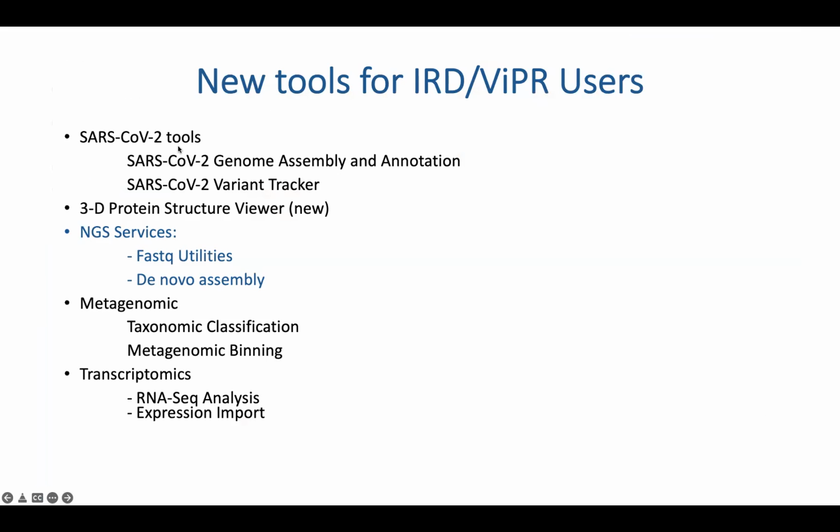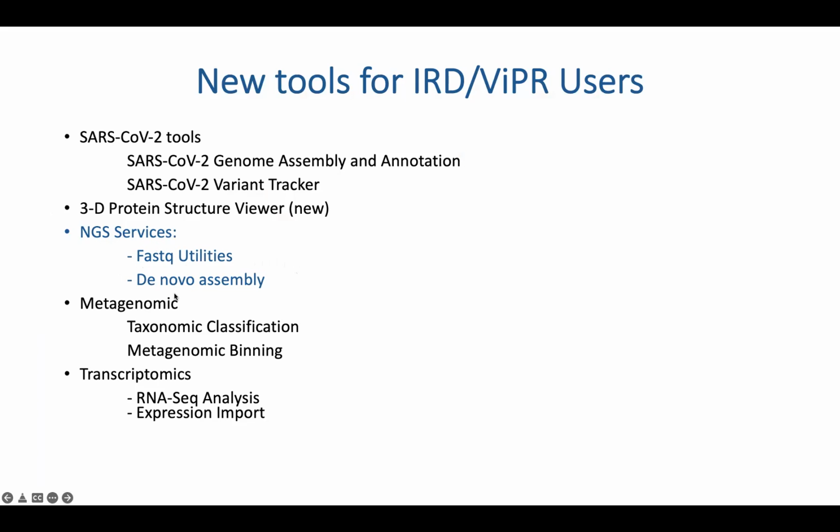Another thing that's going to be new for IRD and Viper users are next-gen sequencing services. So if you have raw reads from sequences with viruses in them, there's a couple of things you can use, including FASTQ utilities.